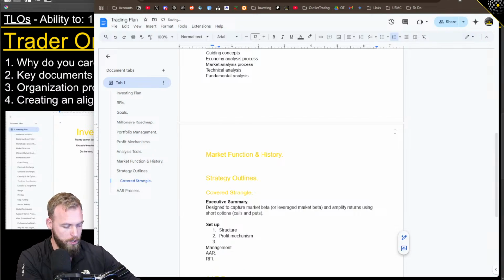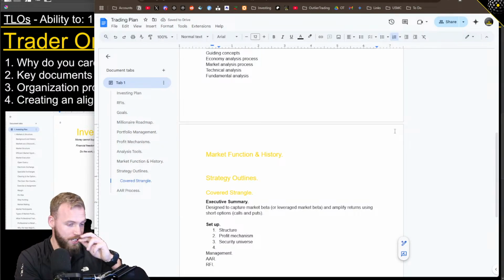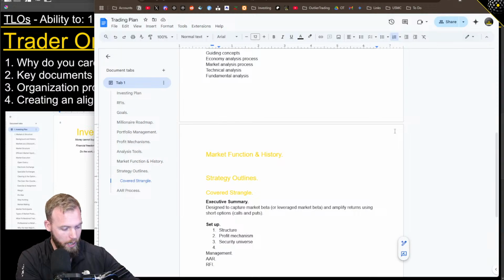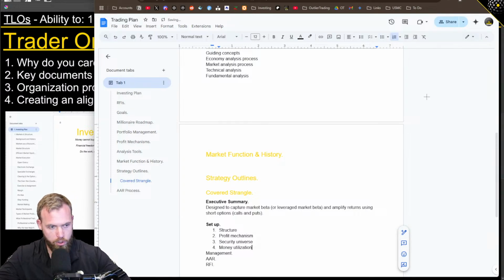You then need to know the product universe or the security universe, the things that you might trade. You need to know things like how you plan to set money aside for the strategy, and so on and so forth.